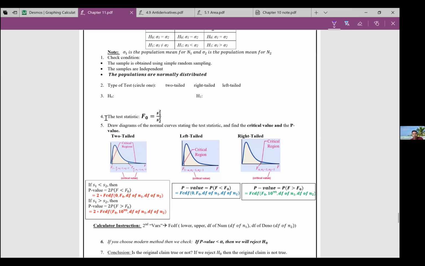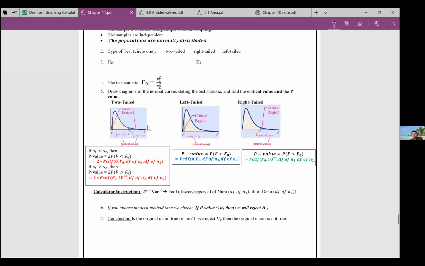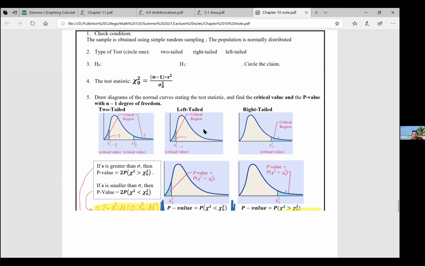And then at step number 4, when you calculate F naught, it will be S1 squared divided by S2 squared. Very simple and straightforward. And step number 5, draw a diagram and find the p-value. So remember, anytime you involve chi-square or F, we have to compare the two populations to see which one has a bigger standard deviation, right?